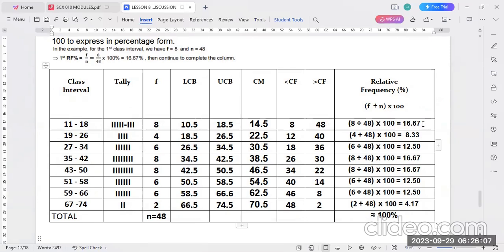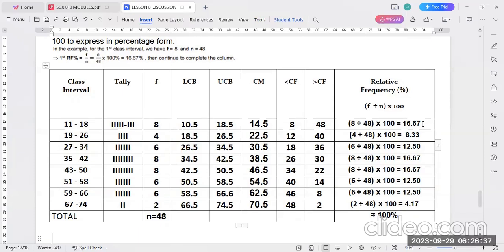And it's actually 16.6666 and a long decimal, but just get the two decimal points, and then ira-round off nyo na lang yung pangalawang decimal point depending on kung ano yung katabi niyang number. Remember, pag nag-round off, basta it's 5 and up, you will add 1, and if it's 4 and down, just stay yung number.